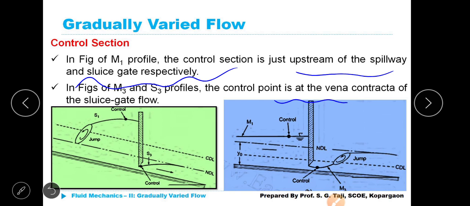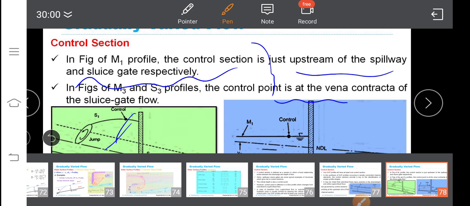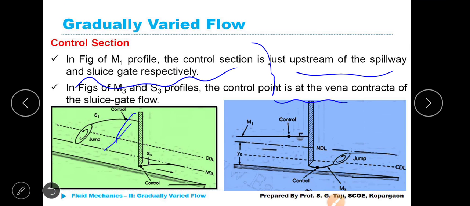You see the difference between these two. In case of the M1 profile, the control section is just upstream of the spillway and sluice gate, on the upstream side. Whereas in case of the M3 profile, it is at the vena contracta of the sluice gate flow. This is the sluice gate. Okay.